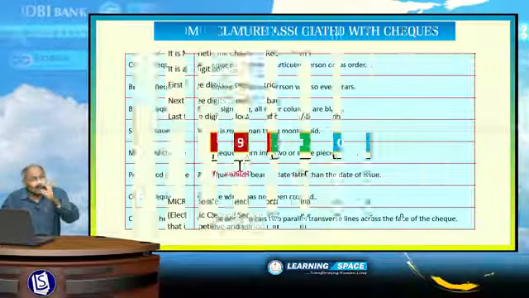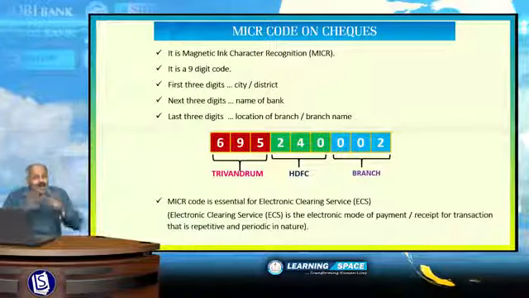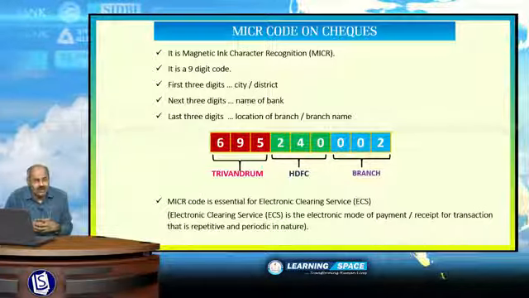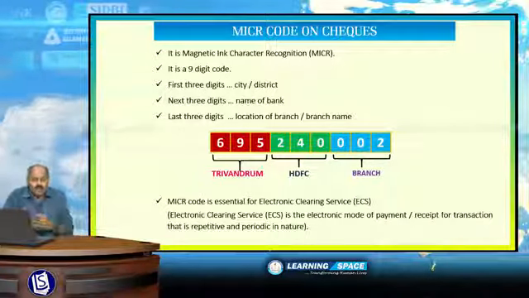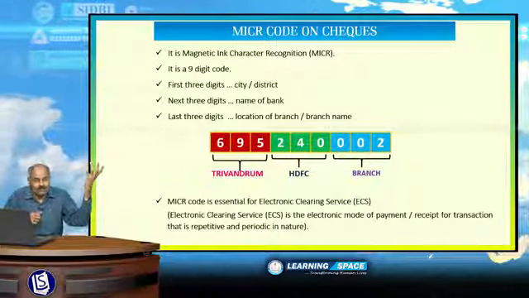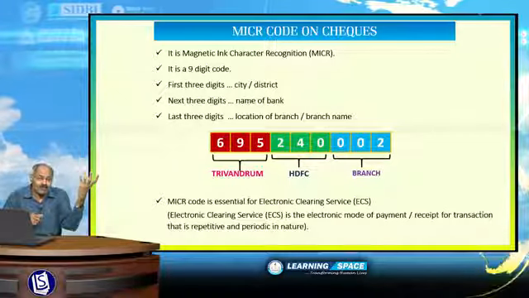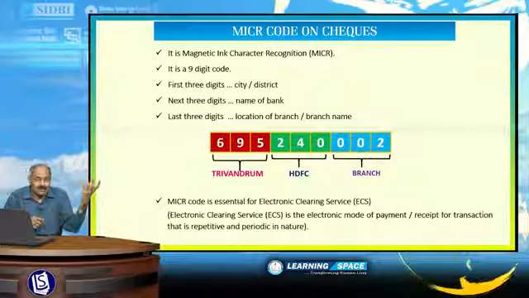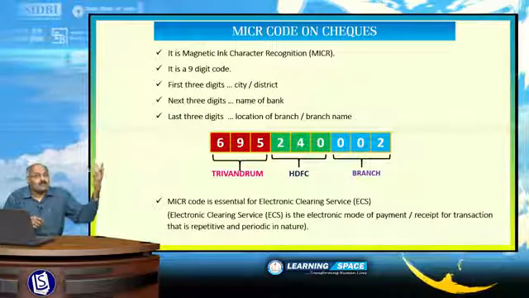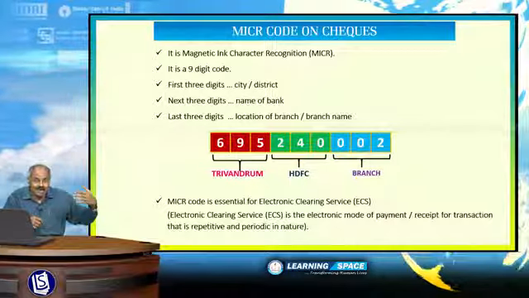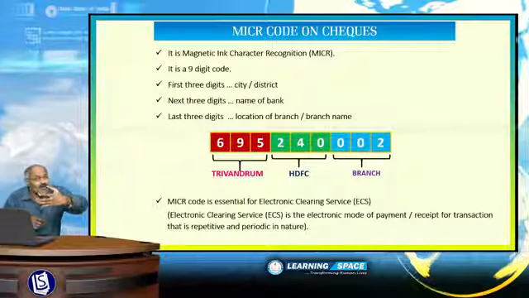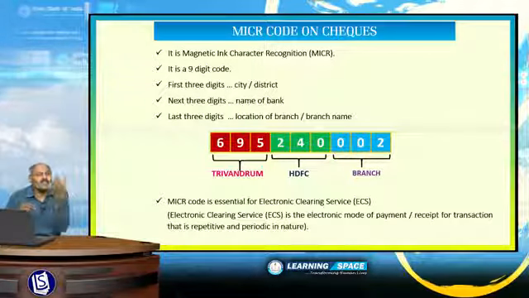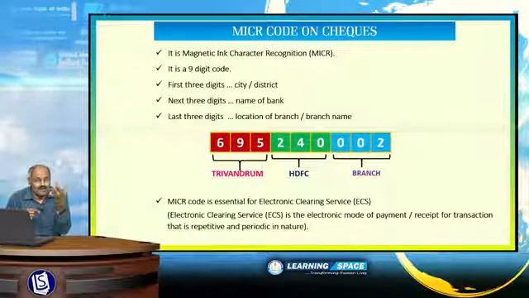And what is the MICR code on checks? MICR stands for magnetic ink character recognition. It is a 9-digit code and please don't confuse it with the IFSC code. The IFSC code has 11 alphanumeric characters and is used for RTGS or NEFT purposes, and the MICR code is a must on checks. MICR will have only 9 digits. The first 3 digits represent the city or district.